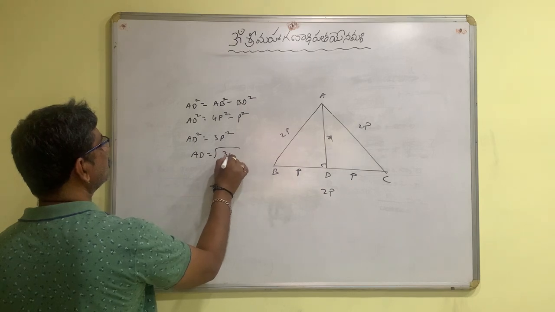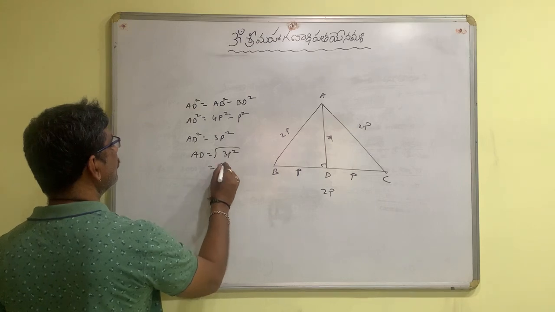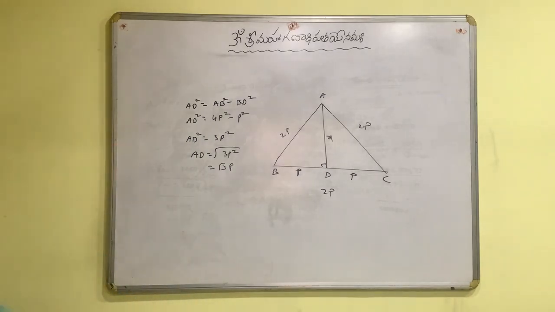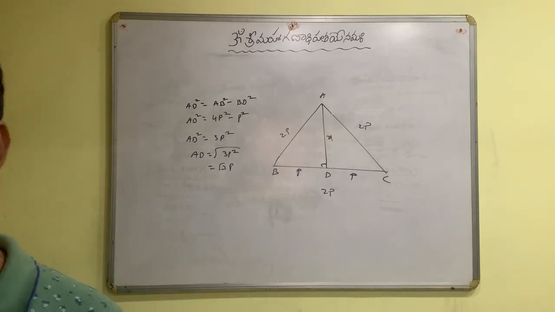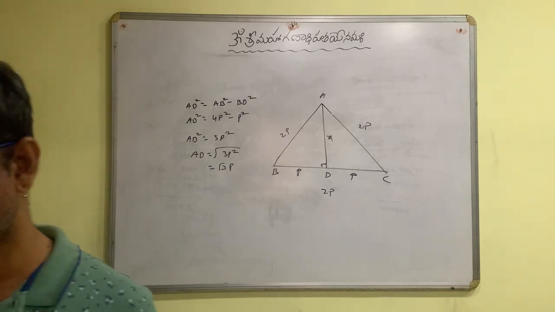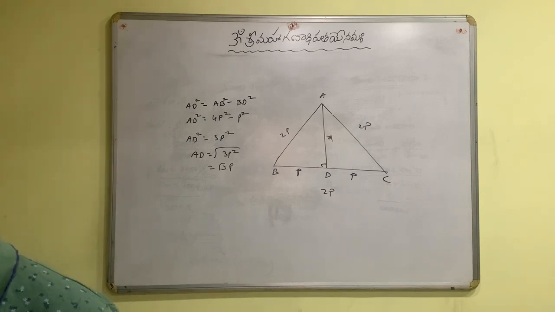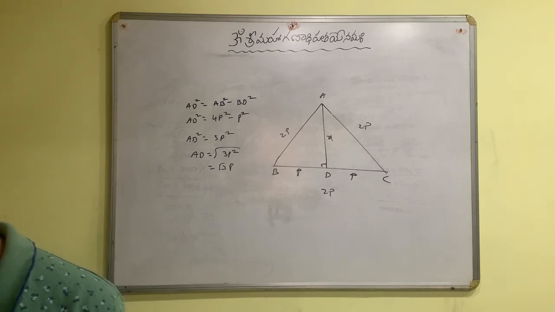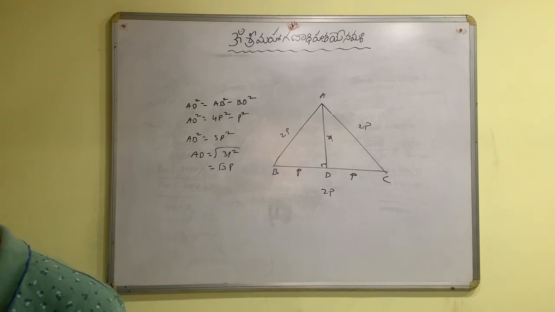AD is equal to root over 3p square, which is p root 3, or root 3 times p. It is not root 3p. Whoever said root 3p is wrong. Root 3 times p is the correct answer. Option B is the right answer.